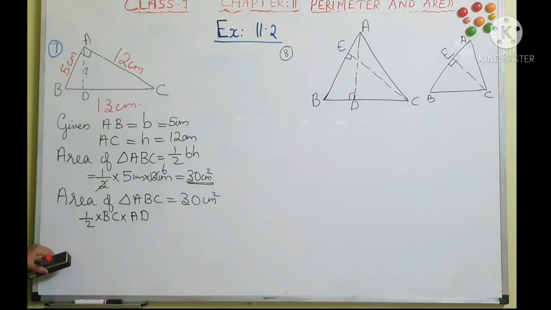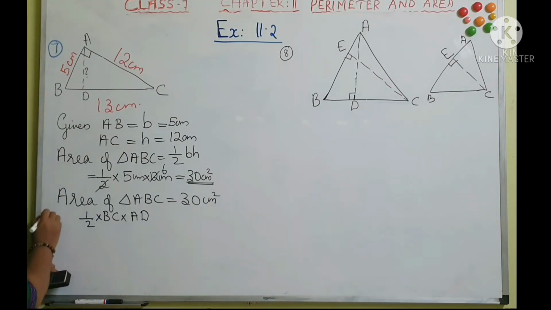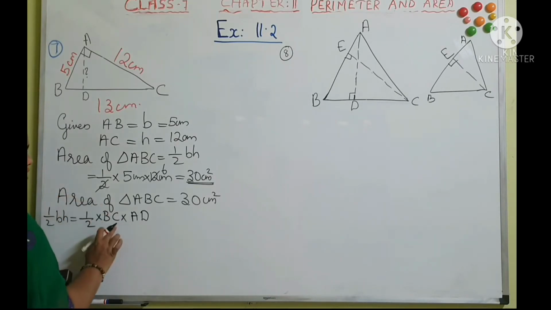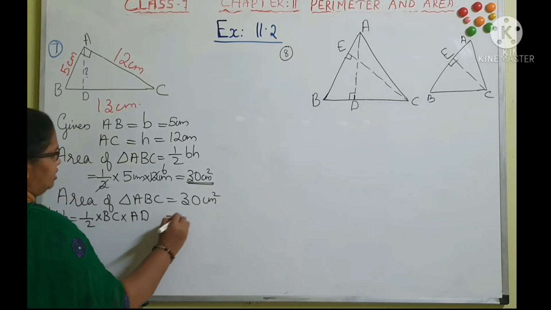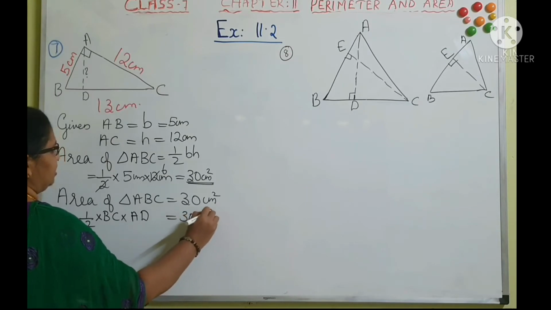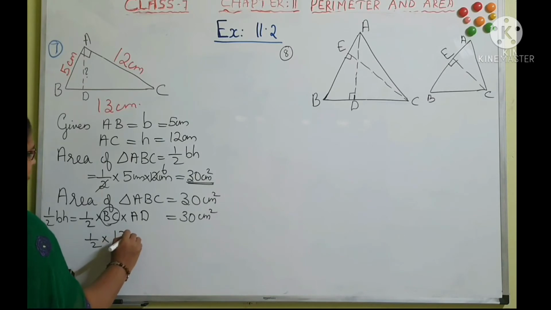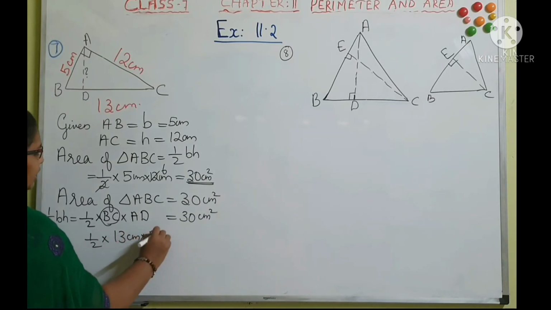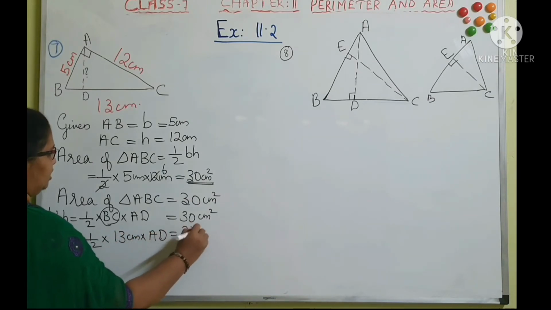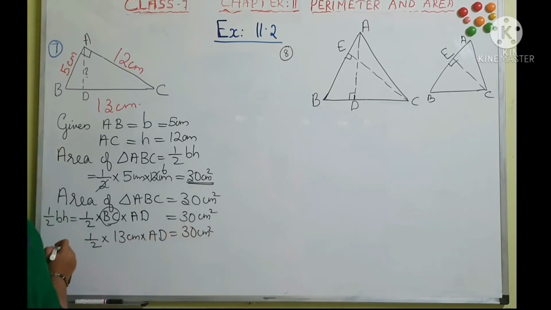So area of triangle ABC is half into BC into AD, and that is equal to 30 centimeter square. Then we know the value of BC. Substitute the value, half into BC is 13 centimeter into AD is equal to 30 centimeter square.